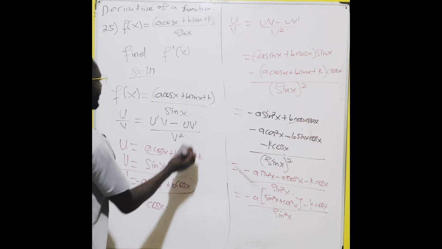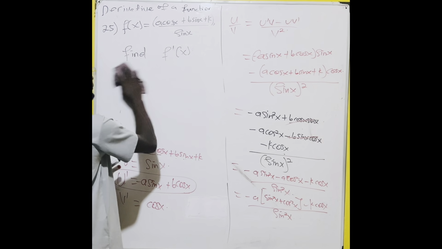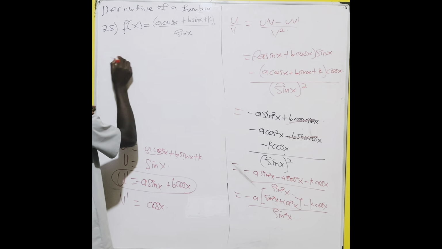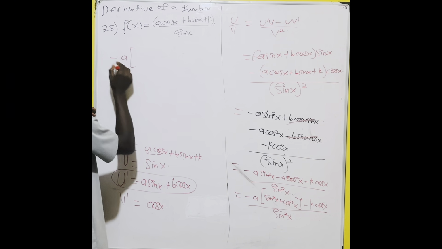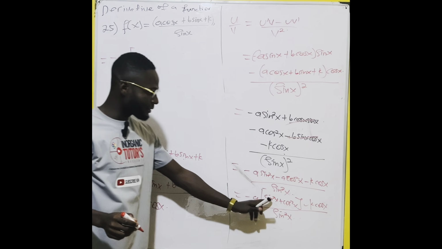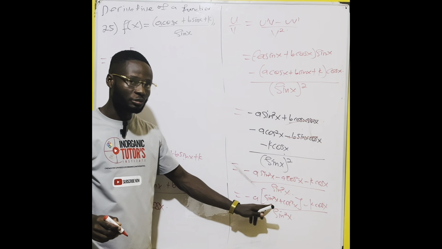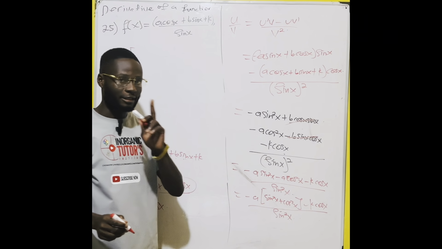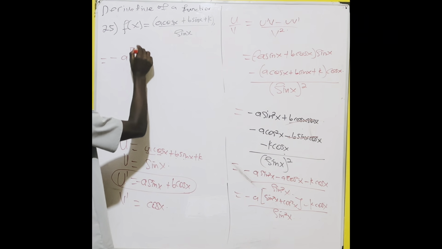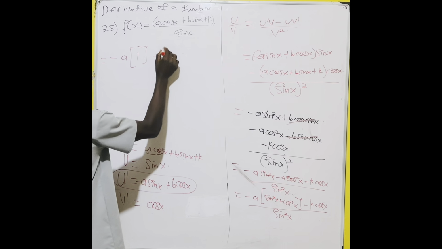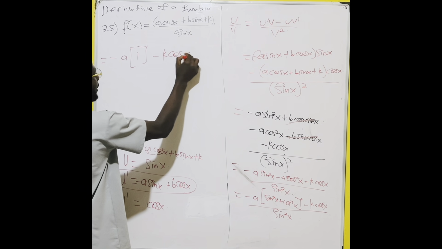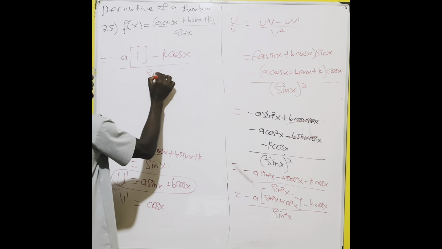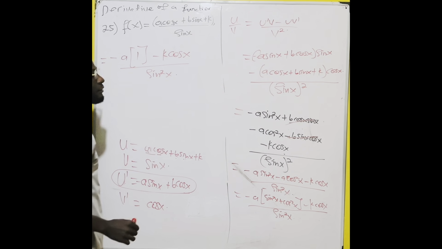So we are now going to have minus a into, you know that this is a well-known identity. What is it? Positive 1. Sine squared x plus cos squared x is 1. So we have minus a into 1, minus k cos x, divided by sine squared x over here.